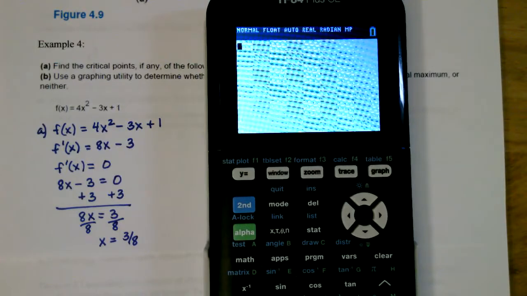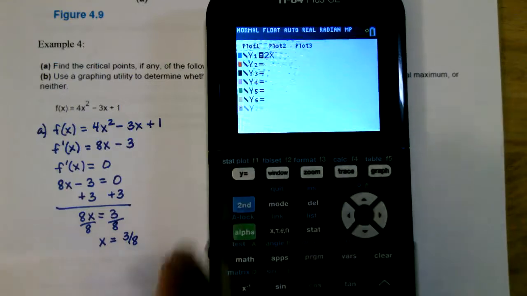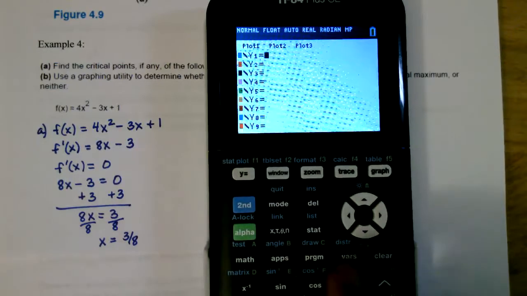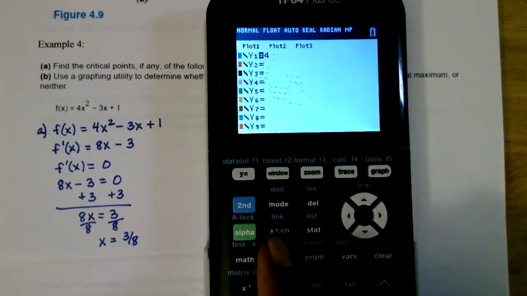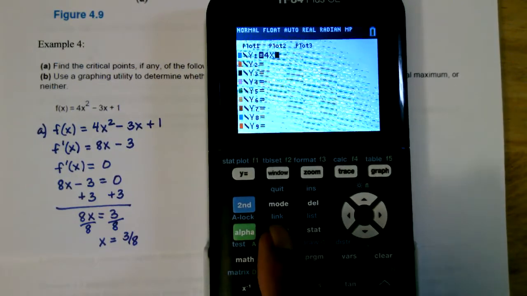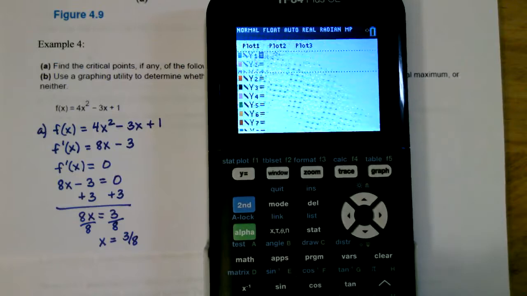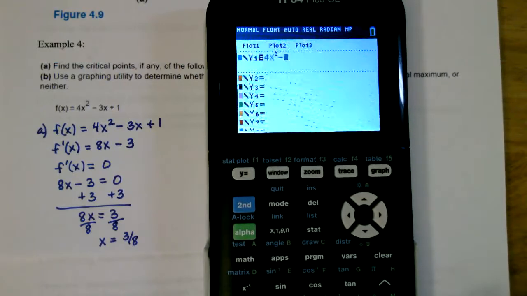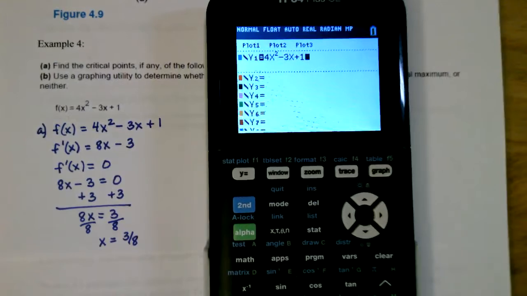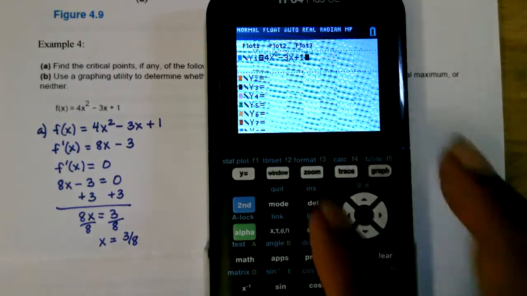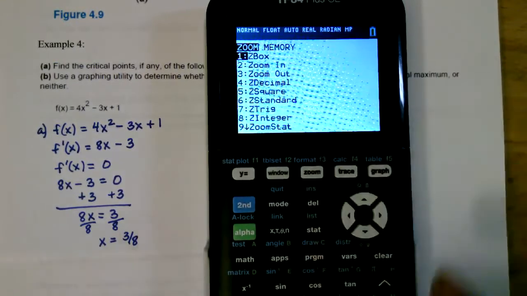And then f of x equal to 4x squared minus 3x plus 1 will go into Y1. So I'm going to press Y equals, clear the equation out in Y1, and type in 4, then the X,T,theta,n key for the x, then x squared, minus 3, X,T,theta,n for the x, plus 1. And I'm going to use the standard window, like Zoom 6.